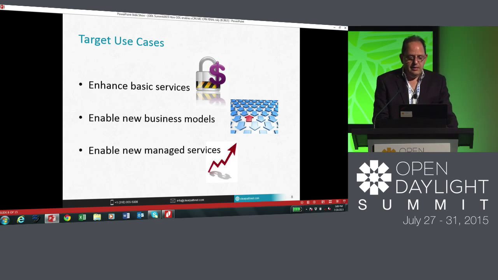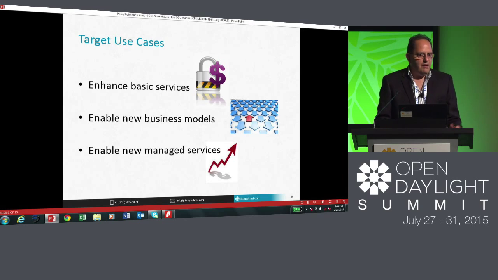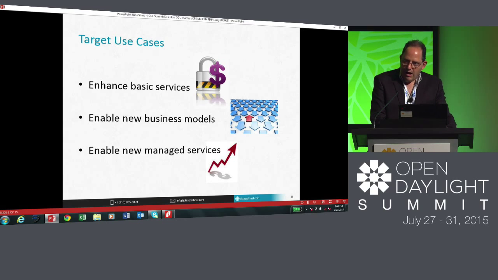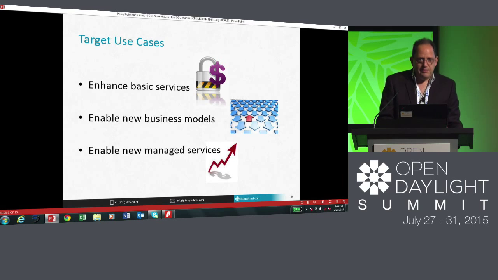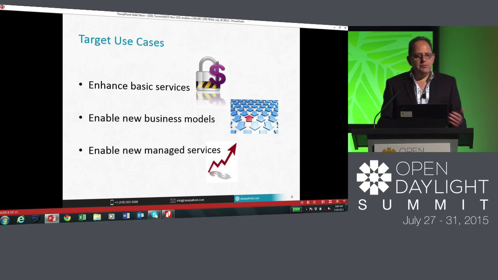Another use case that we've been addressing is to enable new business models. And this has to do with the commercial side of the service offering. Our operators are now beginning to, and have been for the last couple of years, offer subscription-based services.